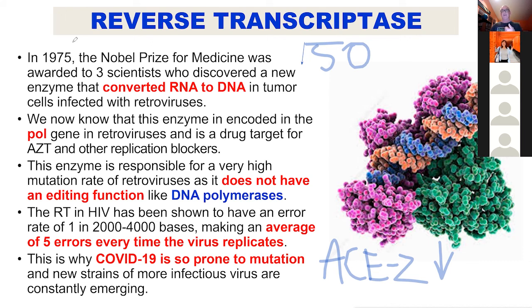Any error that doesn't help it replicate better gets lost. Any error that helps it replicate better gets kept. Any error that helps it evade the immune system better gets kept. That's one of the reasons for concern: you get so many mutations so quickly that it can evade immunity really, really quickly. But we don't know enough about this one yet.